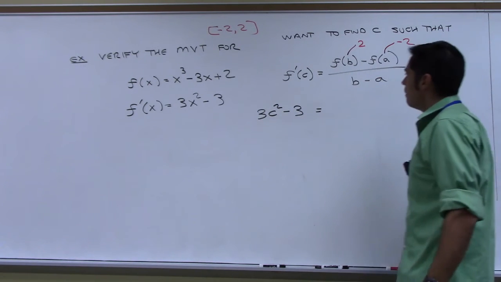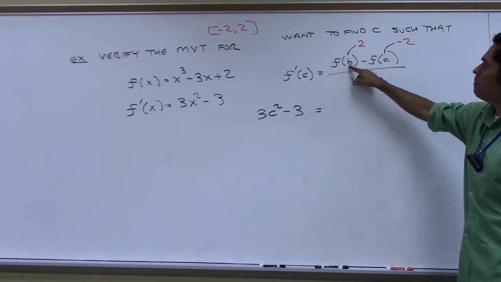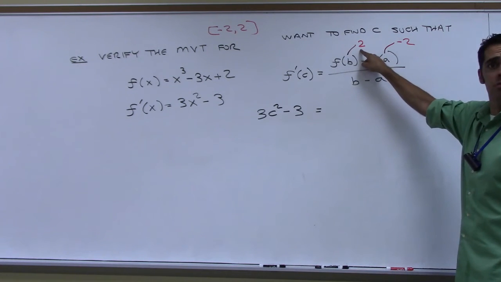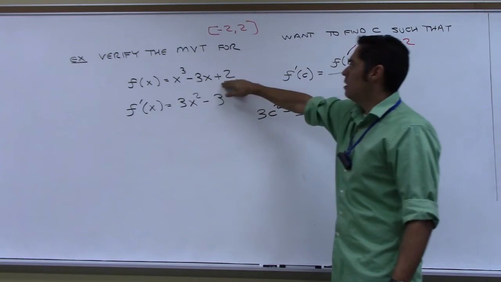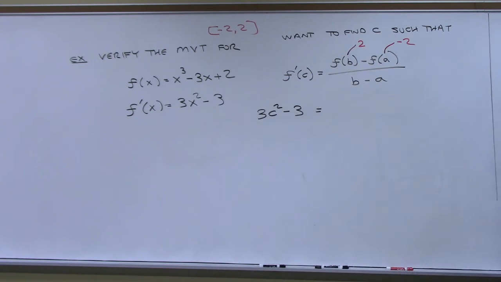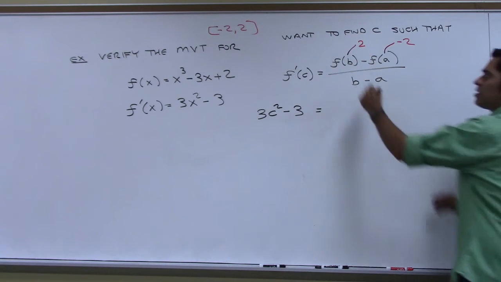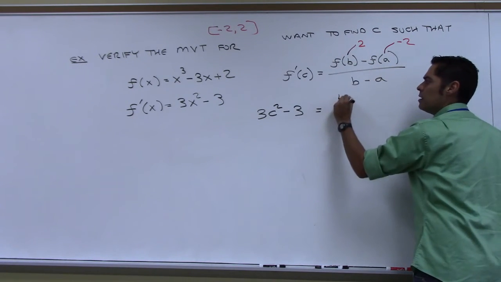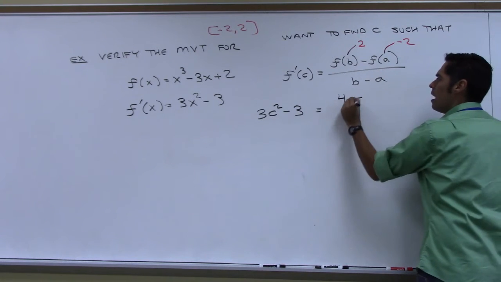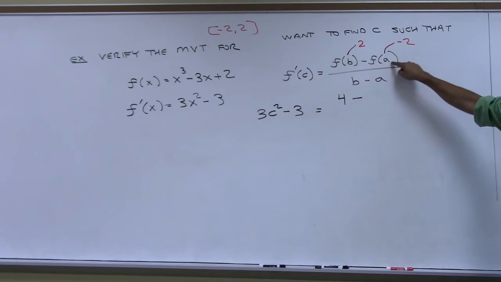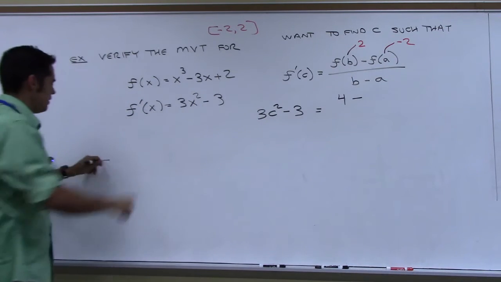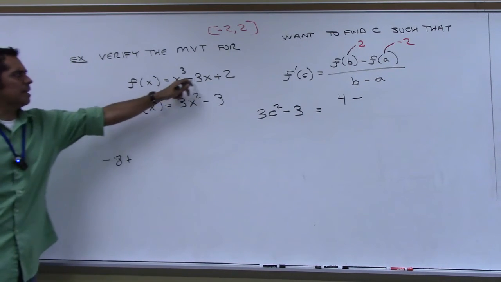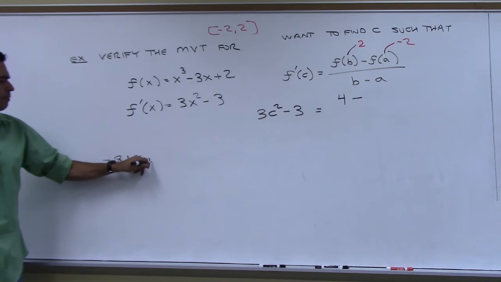So what is f of b? Well, that's f of 2, right? What's f of 2? We'll come in here, not to the derivative, into this. What is it? 8 minus 6. So 4. So this top left corner here is 4. Minus, okay, now plug in -2. When you plug -2 in here, -8 plus 6, plus 2, you get 0.